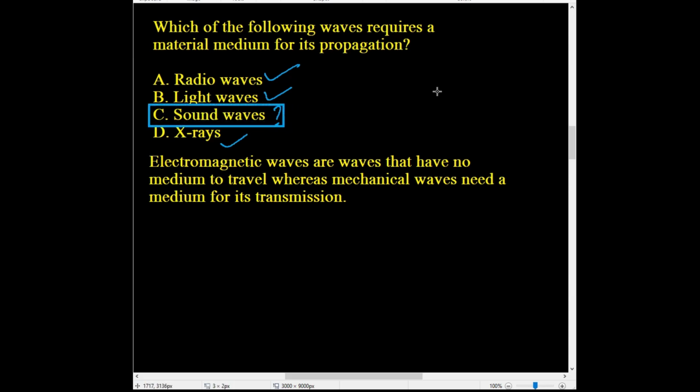Is that clear? Yes, sir. So a sound wave is an example of a mechanical wave, and it's also a longitudinal wave, okay? Is that clear?